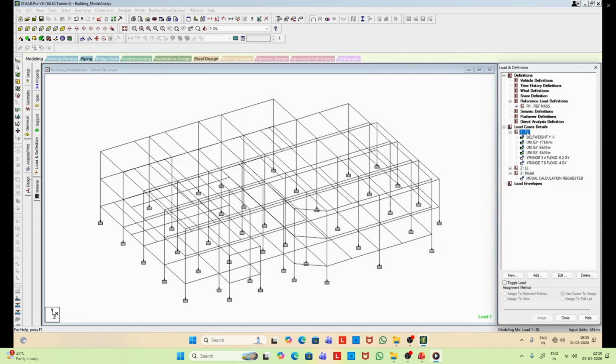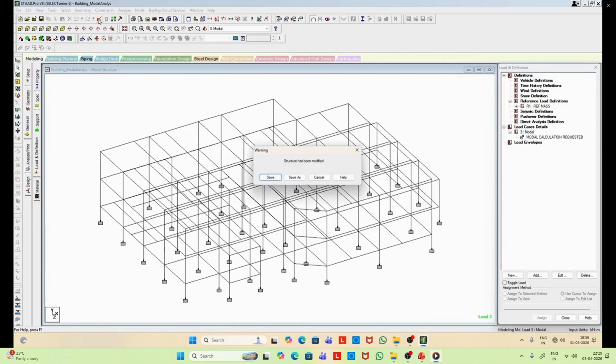And now we can remove these loads, dead load and live load, because today we will not do the dead load and live load analysis. We will only do the modal analysis.